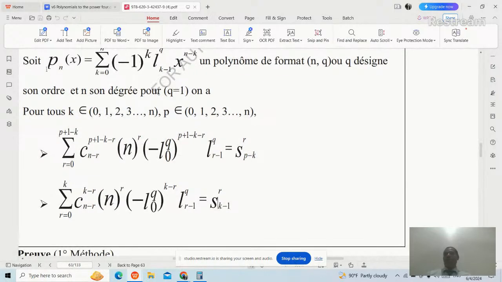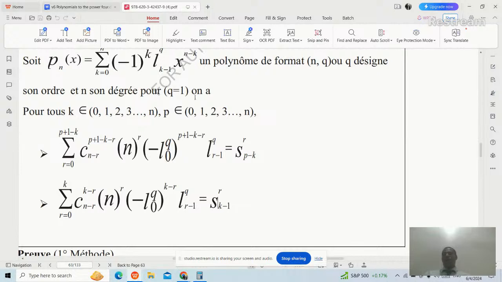Let Pn of x equal the sum from 0 to n minus 1 to the power k, L k minus 1 of order q k times x raised to the power n minus k, a polynomial to the power, let's say, 4, where k denotes its order and n its degree.